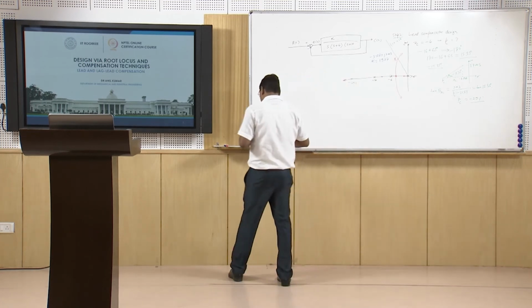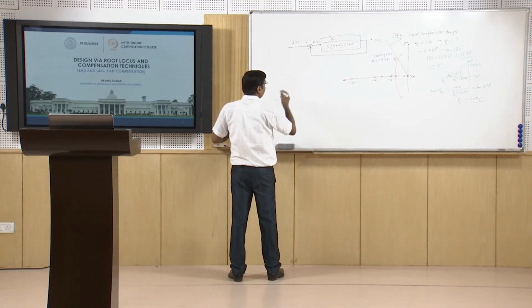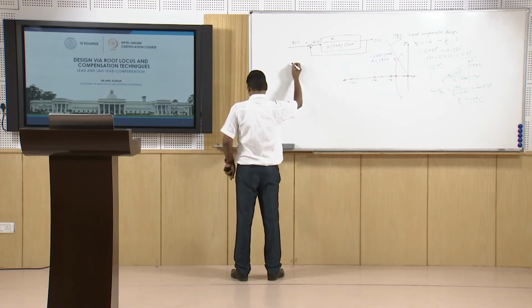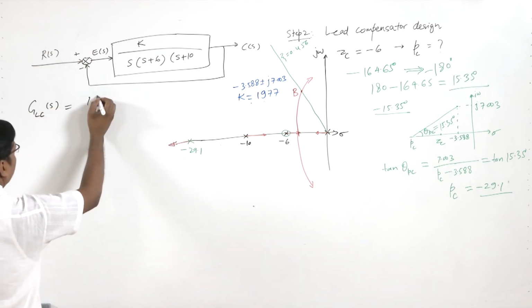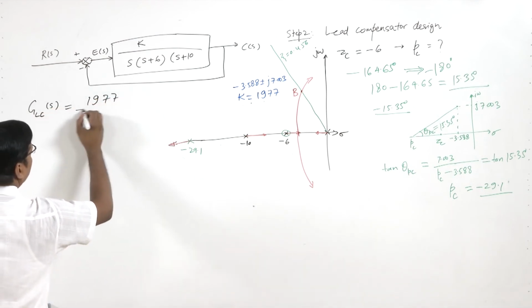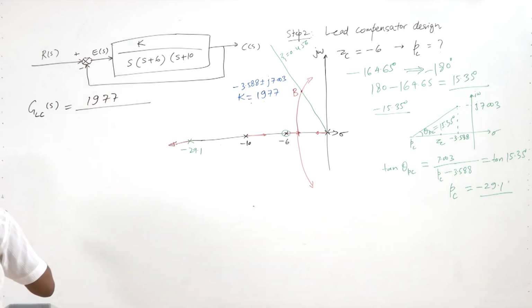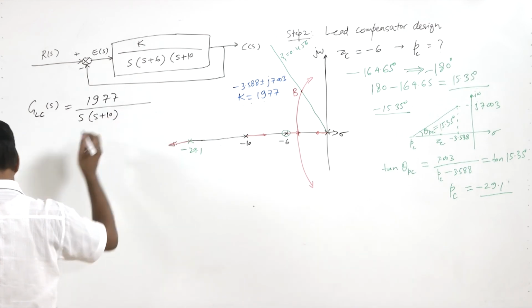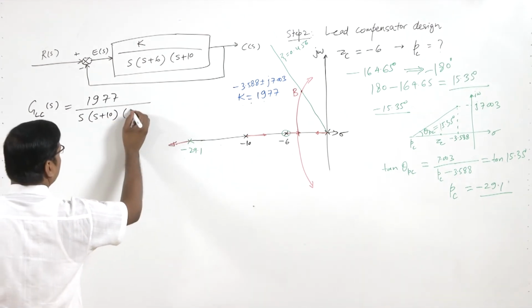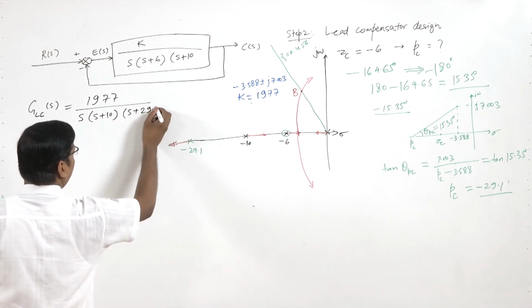and the lead compensator has transfer function GL, lead compensator is 1977, because K is 1977, S plus 10 and S plus 29.1.